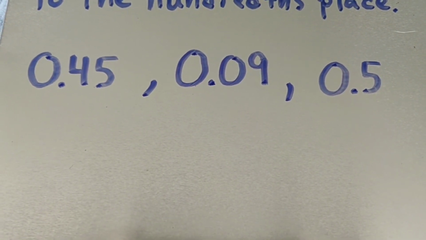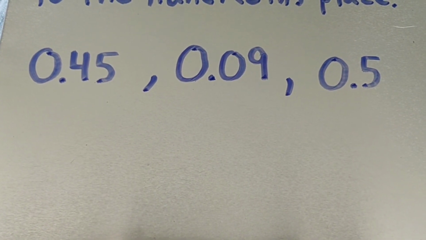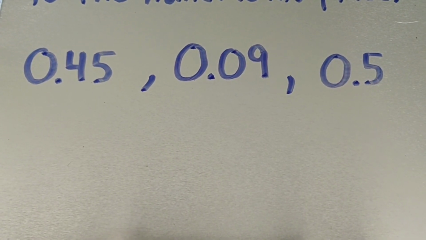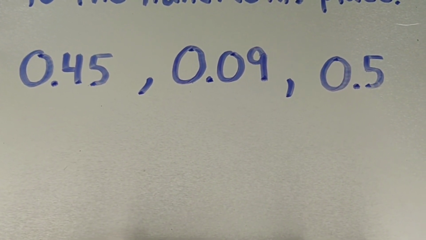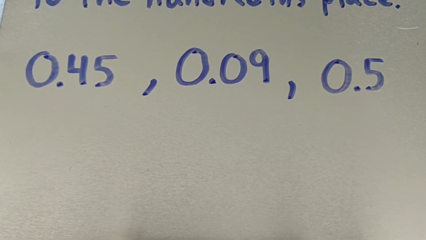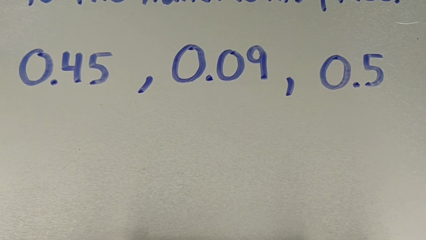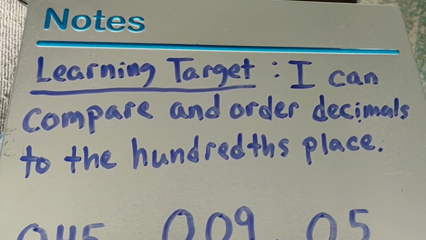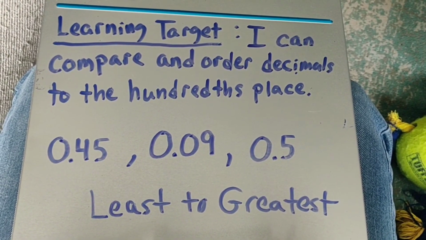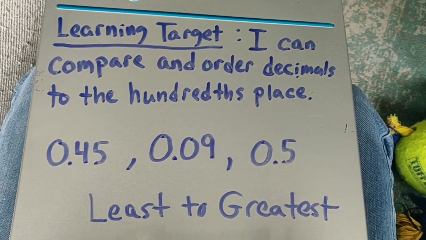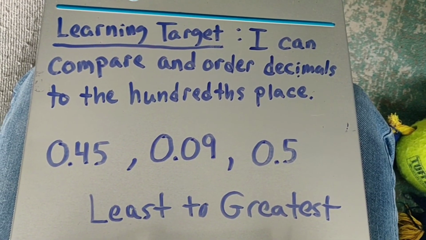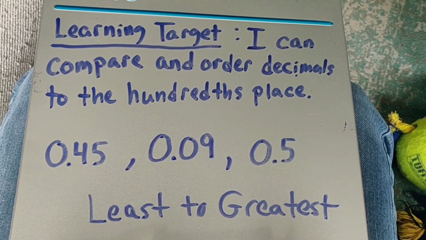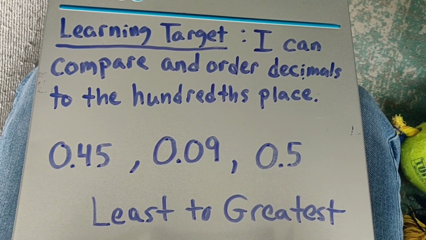Put all the fractions in order from least to greatest, and then go back and put the original decimals in order from least to greatest, and show all of that work just like I did when I was showing you the examples during this lesson. Remember, our learning target was I can compare and order decimals to the hundredths place. We're going to put them in order from least to greatest. We're going to show our work. If we have any questions, we can email our teacher, and they'll be happy to help us with any part of this that we didn't understand.